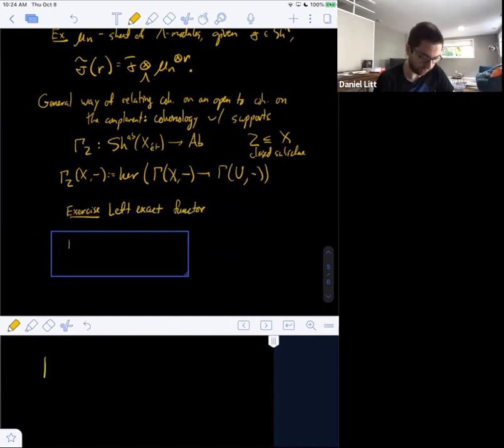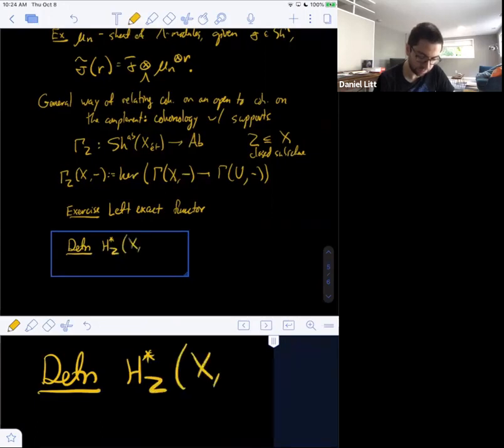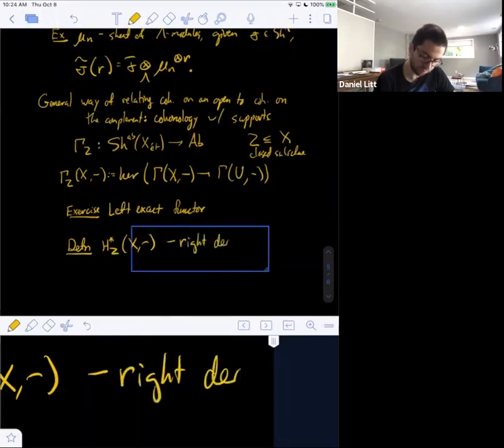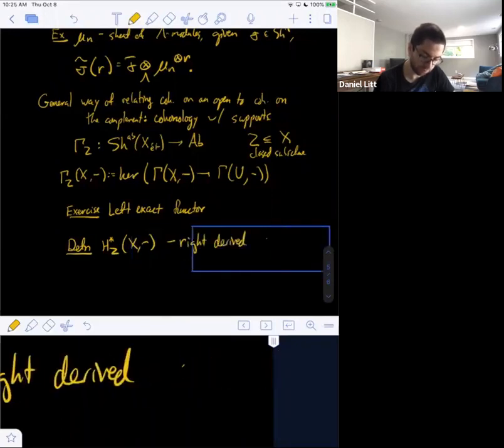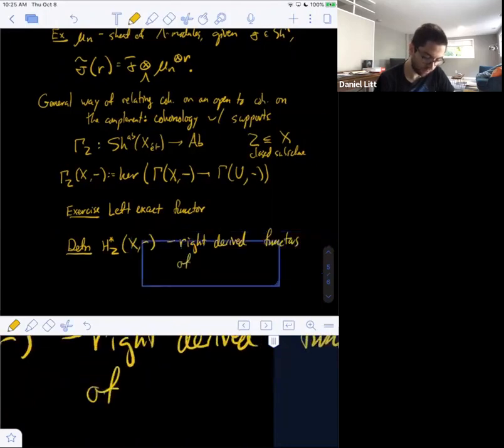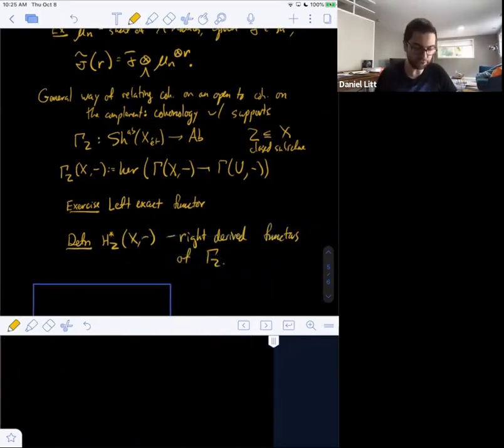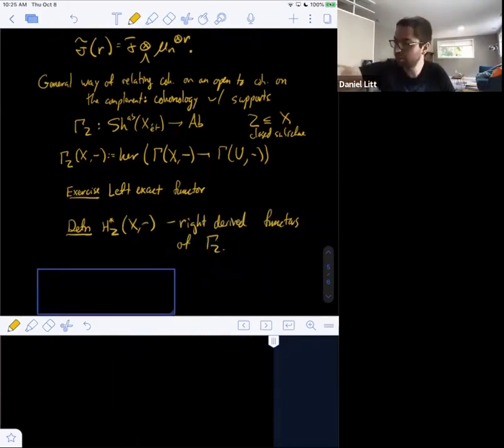So we make the following definition: cohomology with supports are the right-derived functors of global sections with supports. Are there any questions about this definition?